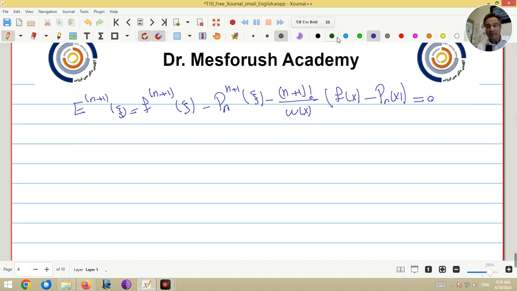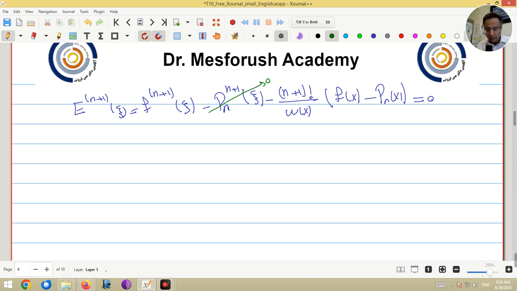But we know that Pn^(n+1) is also equal to 0 because Pn is a polynomial of degree at most n, and the (n+1)th derivative of a polynomial of degree at most n is 0.